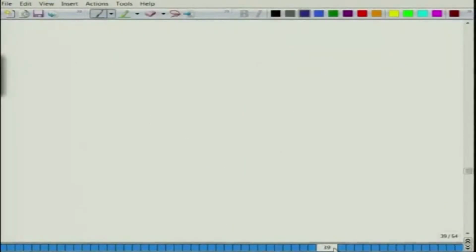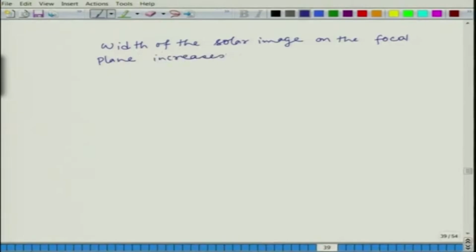Now, under this assumption, we can observe that the width of the solar image on the focal plane increases with the rim angle.